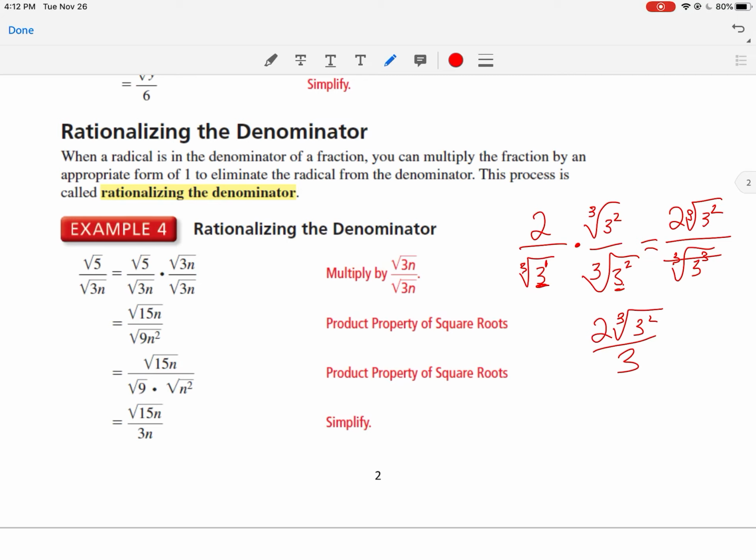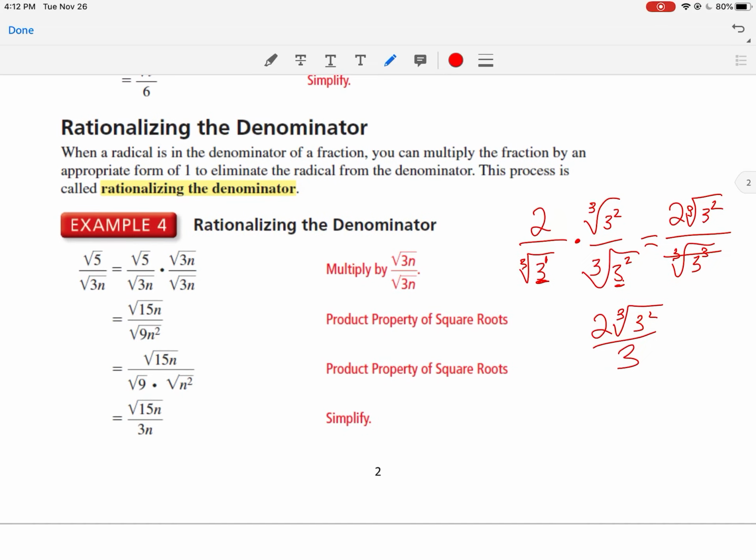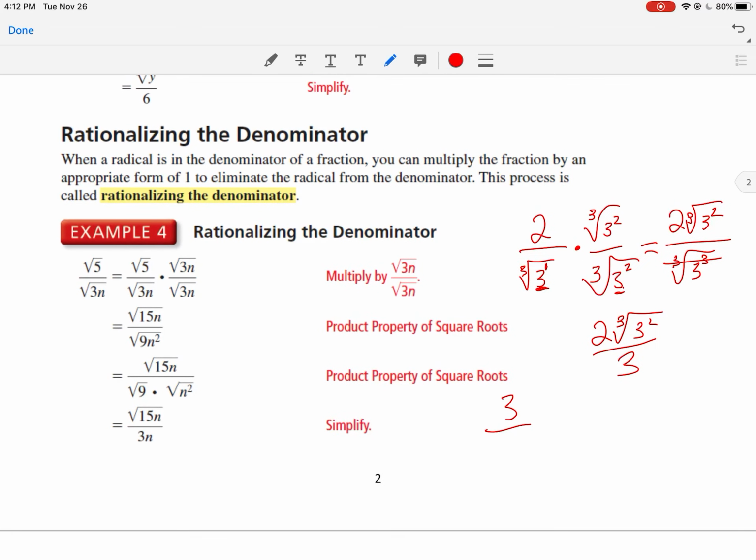The cube roots and fourth roots get a little tricky because some things need more than others. Like if we had 3 over the cube root of 2x squared, I need 2 more 2's, but I only need 1 more x. So I'm going to multiply by the cube root of 2 squared x.